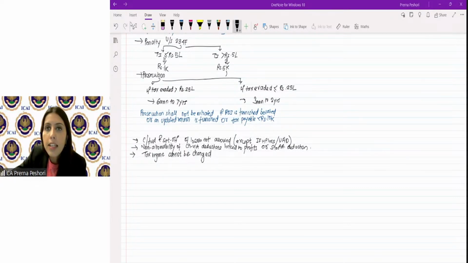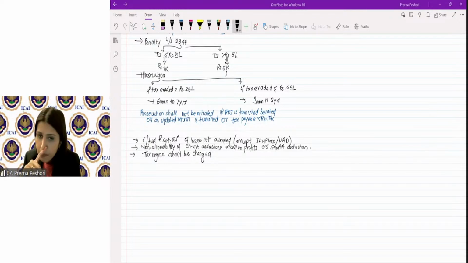Okay? Yes or no, students? Is this clear? Fine. So these are the consequences if you do not file your return of income on time. So that is Section 139(1). Now there are certain exemptions from 139(1). There are specified classes of persons who are exempted from filing the return of income.